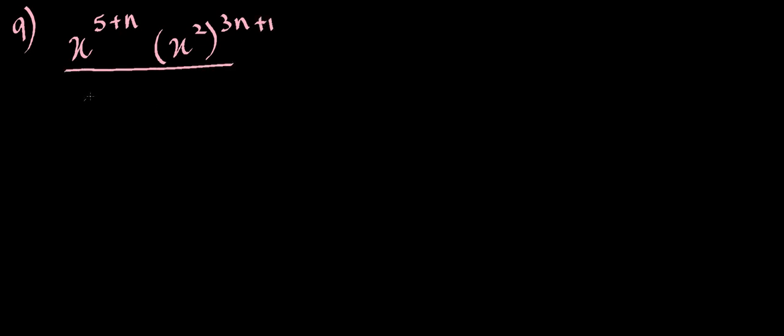So let's move ahead to the next sub question. Let us see question number 9. Thankfully, no sub questions, but evaluate. So what do we have here? X raised to 5 plus n into x raised to 2 the whole raised to 3n minus 9 plus 1 upon x raised to 7n minus 2.